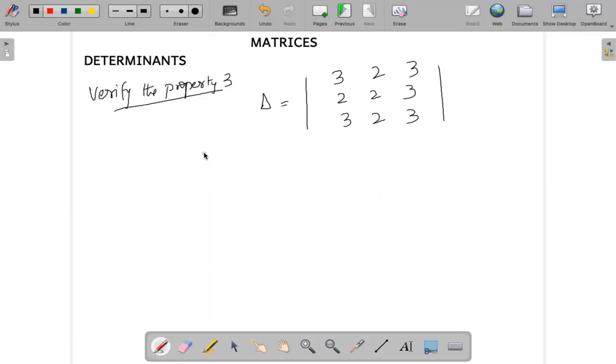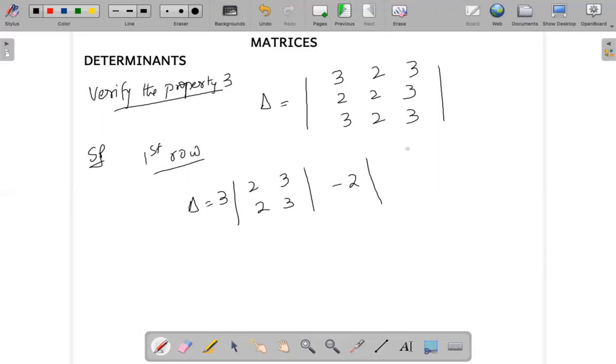Expanding along the first row, we get delta, which is 3 times 2, 3, 2, 3, minus 2.